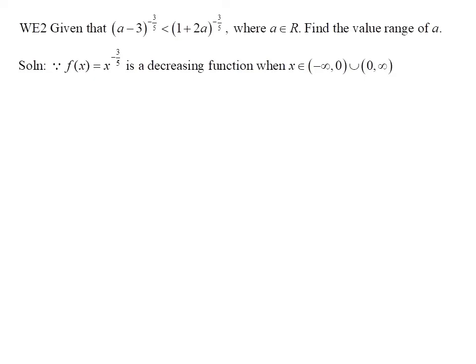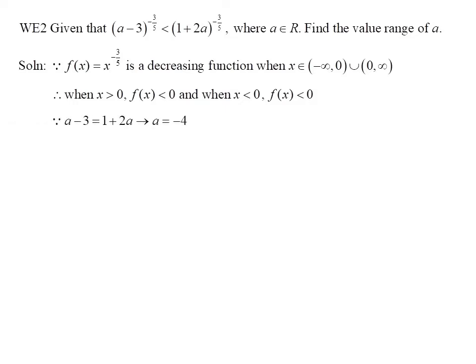The asymptote of f(x) is the line x equals 0. Hence, the function f(x) equals x^(-3/5) is a decreasing function when x is less than 0 or greater than 0. Now let's come back to our question.